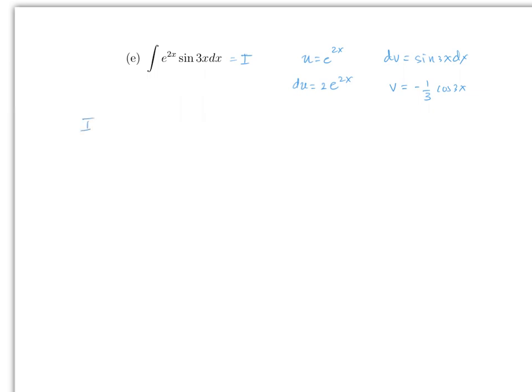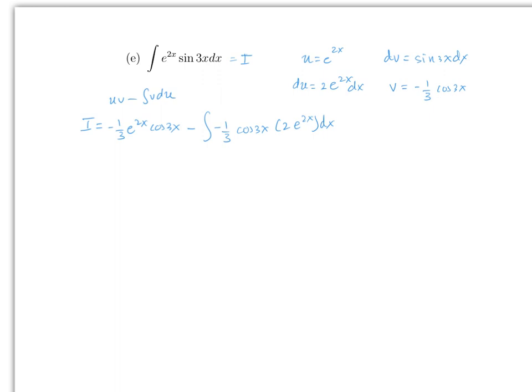So we plug it into the integral using integration by parts. Remember, this is uv minus the integral of v du, so this will be minus 1/3 e to the 2x cosine 3x minus the integral of v du, which is this.